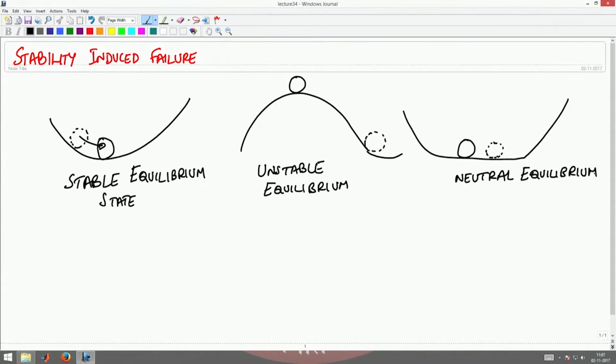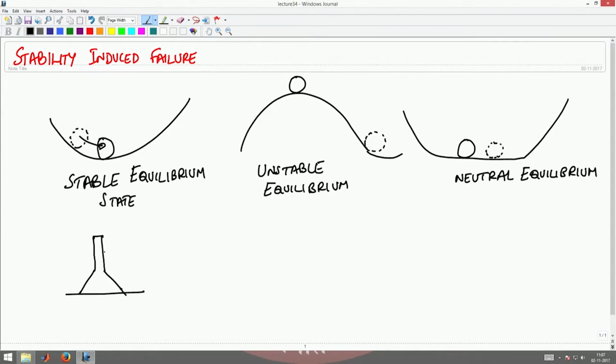To understand this in terms of a structure, think of a funnel placed on its base. There is an equilibrium configuration of the funnel, a flat edge funnel based on its base. Now what happens if I give a small disturbance?